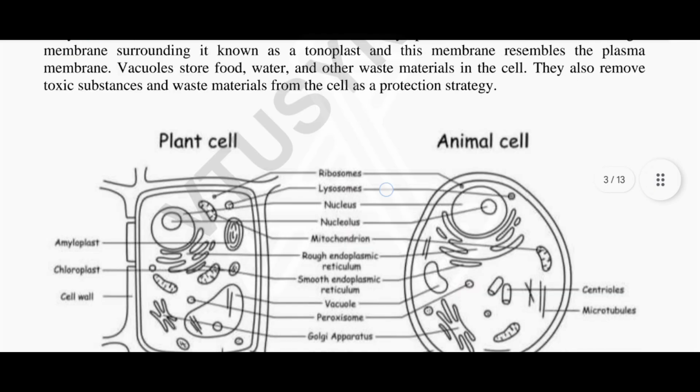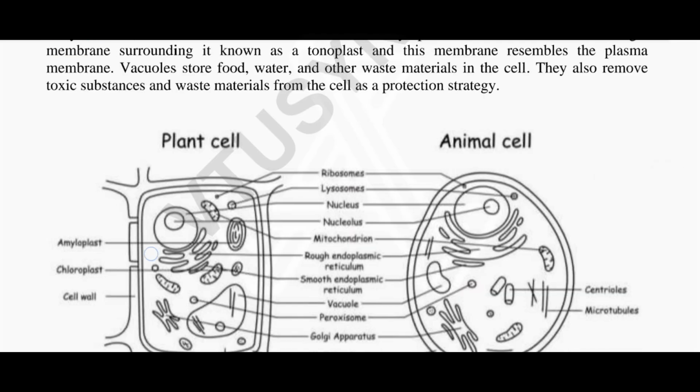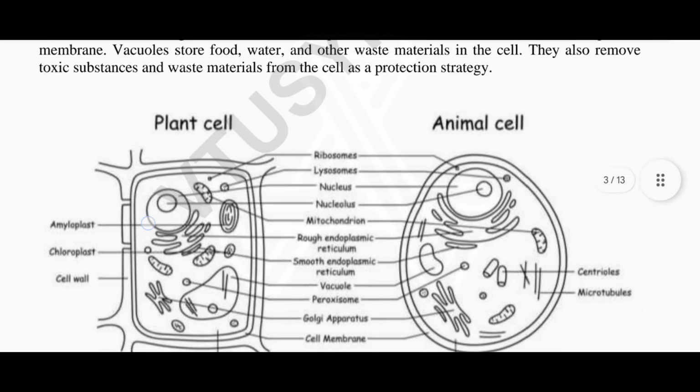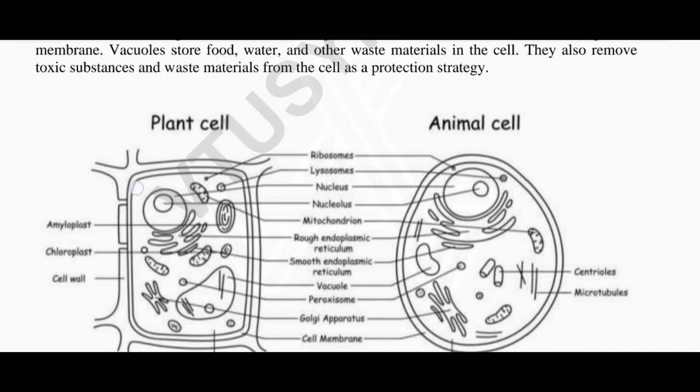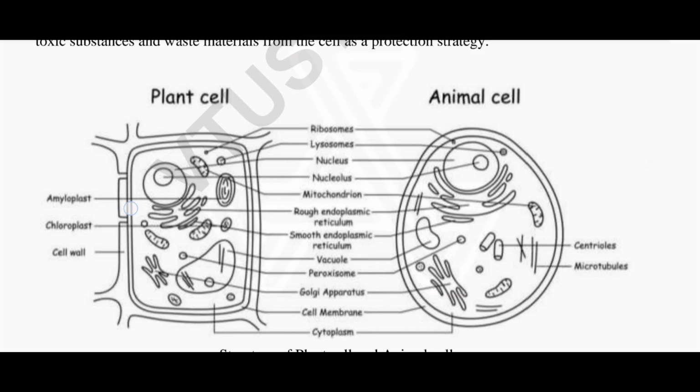This is a diagram of the plant cell and the animal cell. You can see the difference between them and the organelles. Ribosomes, lysosomes, nucleus, nucleolus, mitochondrion, rough endoplasmic reticulum, smooth endoplasmic reticulum, vacuole, peroxisomes, Golgi apparatus, cell membrane, cytoplasm.